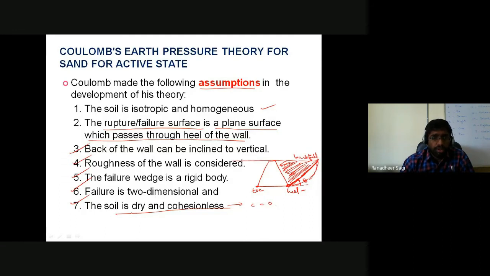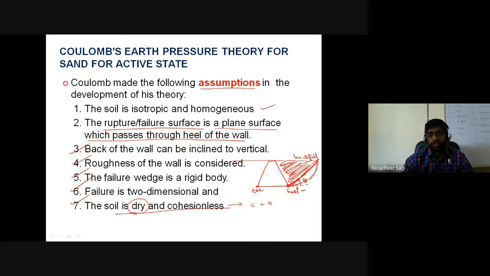Here, though we say the soil is dry, it may not replicate all conditions you come across in the field, because the backfill material adjacent to the retaining wall may not always be dry. Sometimes you might also have a water table. So you can also take into consideration the effect of the water table and calculate your earth pressure due to active state or passive state.